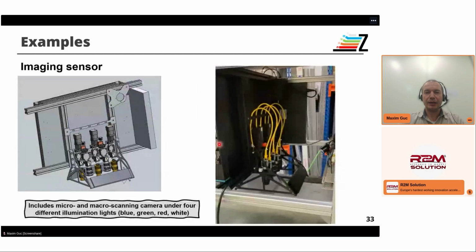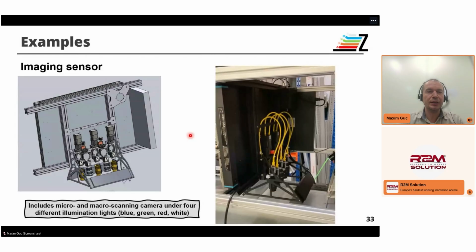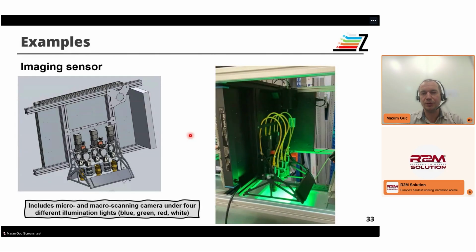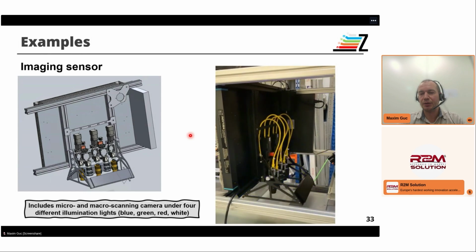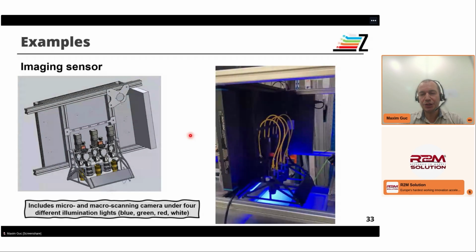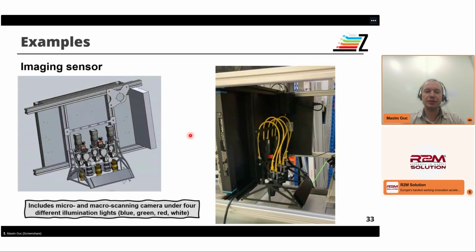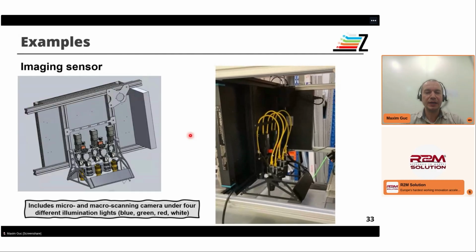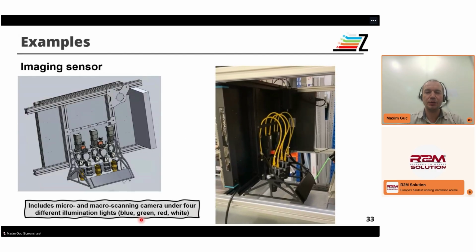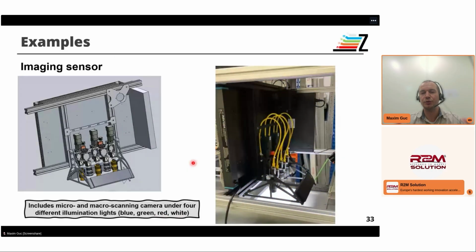And one more example of a sensor is the imaging sensor. We call it the imaging sensor, but it's based on hyperspectral imaging. So we're illuminating our sample with different wavelengths. In our case, we use four of them: blue, green, red, and then white, which is a broad white light.